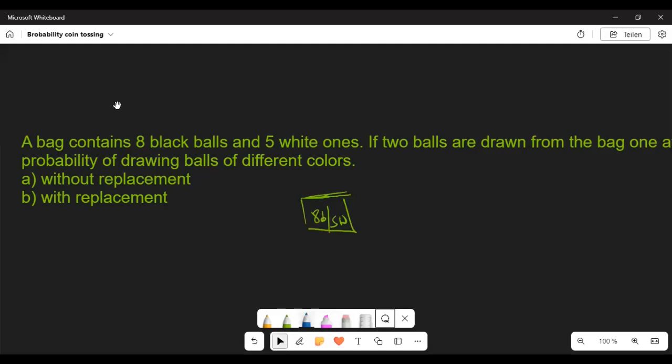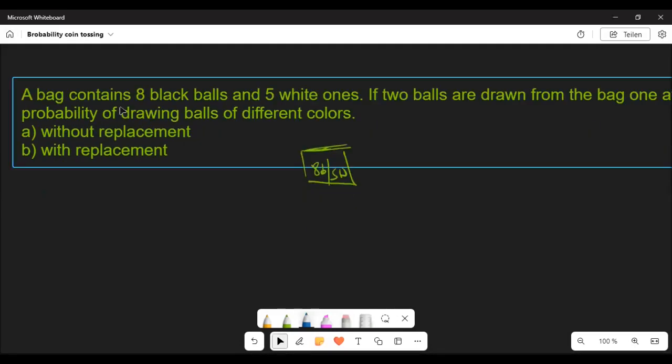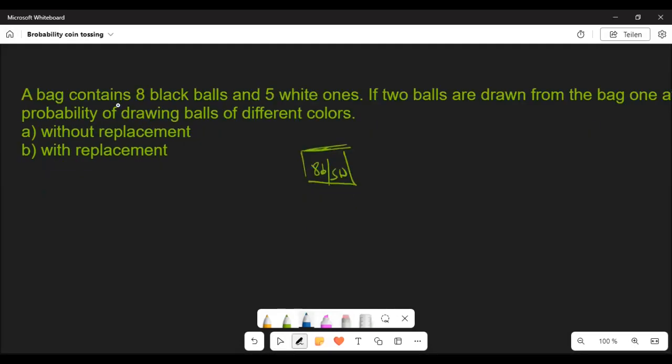The focus here is going to be, we're going to take the first attempt without replacement. So without replacement, that means we're going to do the first drawing. So like you see, first for us, we have to get the total number of balls now in the bag. That's going to be 8 plus 5, which is going to be 12.